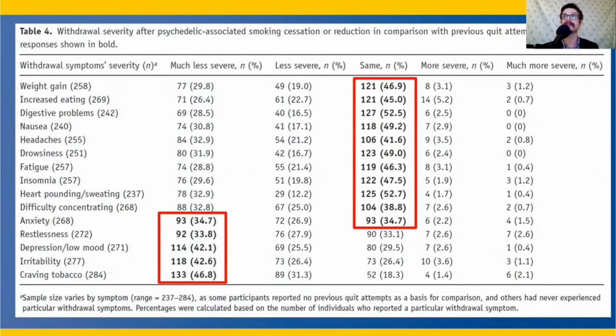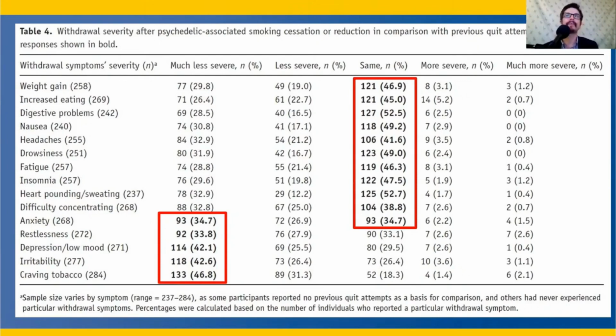One of the big take-homes is that for smoking cessation, people who quit smoking because of a psychedelic, we asked them how their withdrawal symptoms differed from other times when they quit smoking in the past. One of the real pop-out effects is that in terms of the somatic, the body symptoms, folks said the modal response, the most typical response, was that it was about the same, not a lot different.